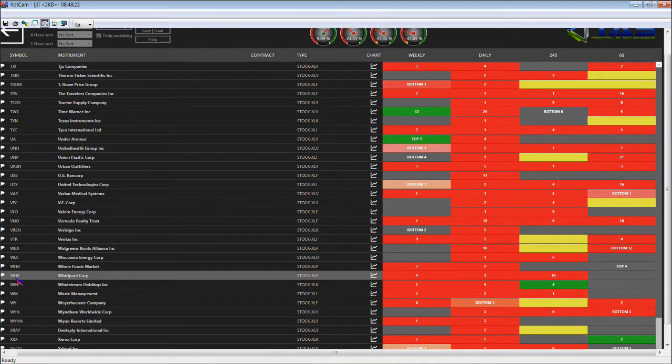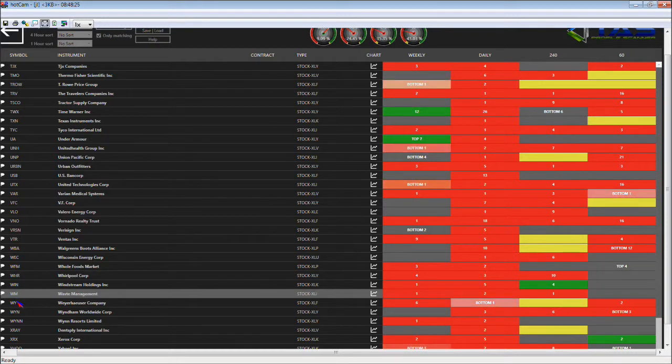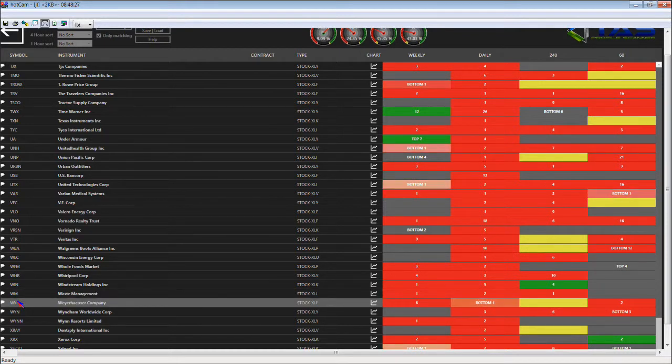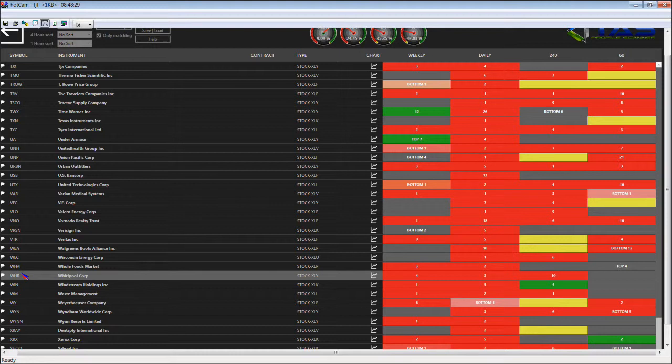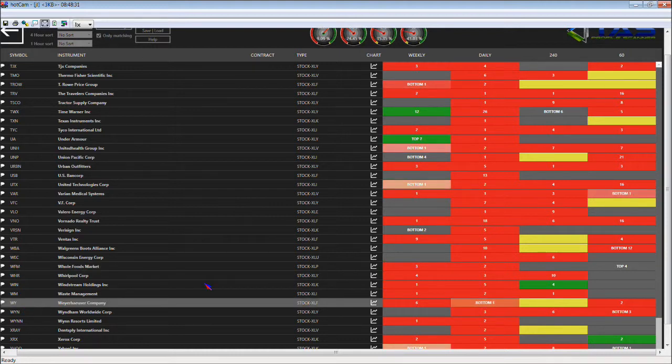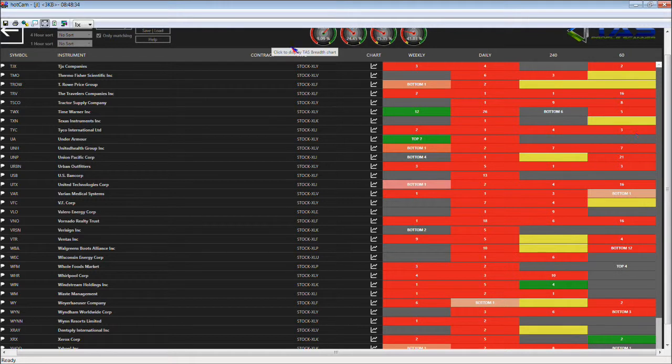WHR, Whirlpool. We looked at Weyerhaeuser. We had Walmart on our radar screen. We're going to take a look at that one. We looked at UPS. So let's take a look at UPS and how they acted.